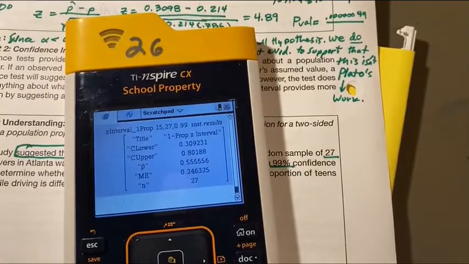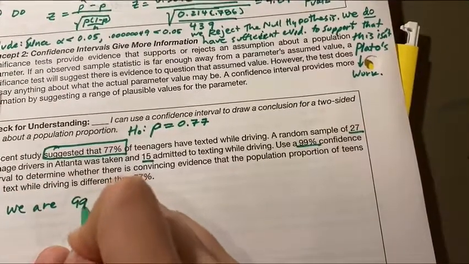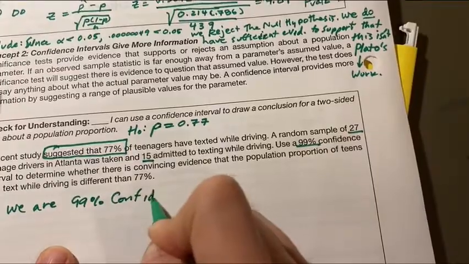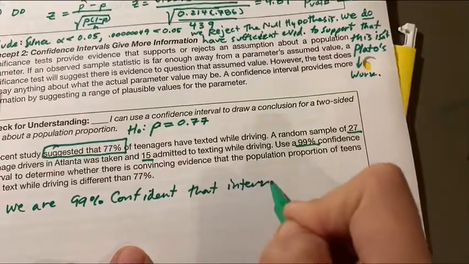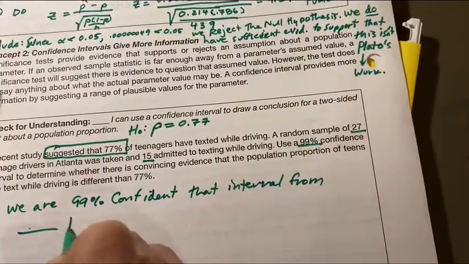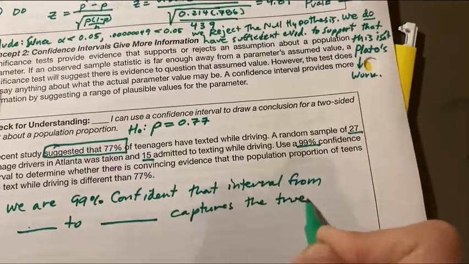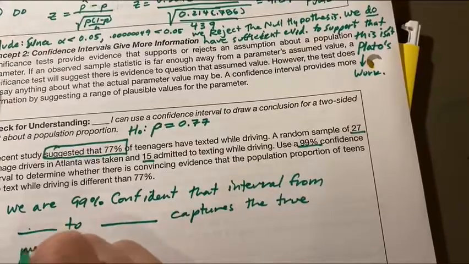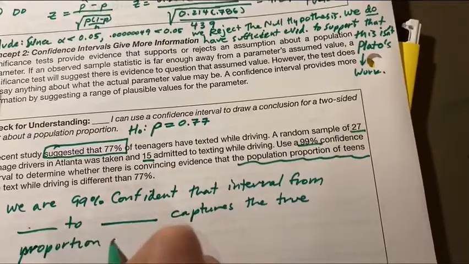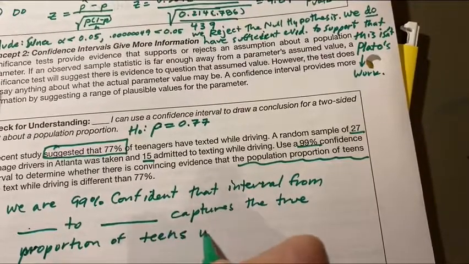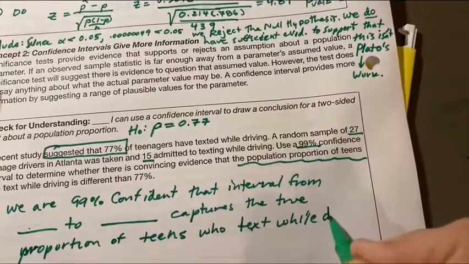Okay, so we're 99% confident that the interval from captures the true proportion of teens who text while driving.